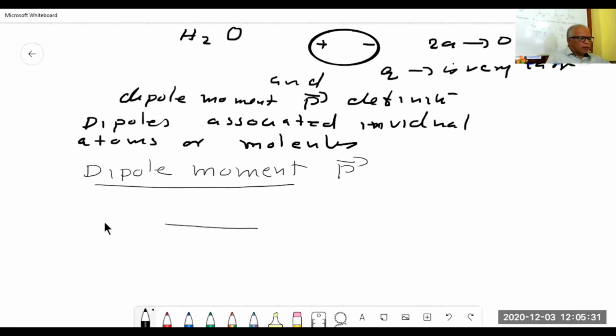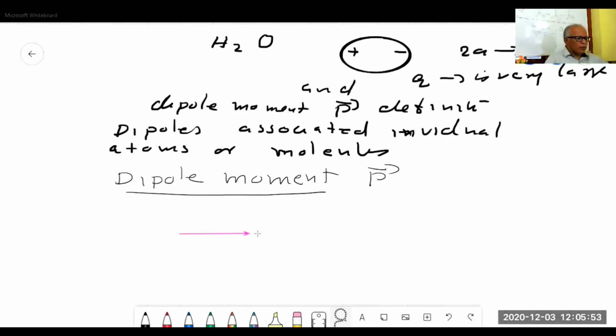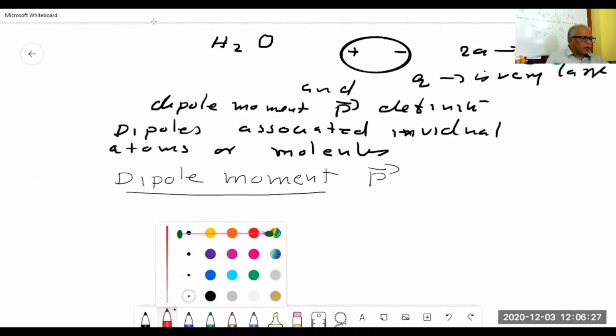Consider a line with tiny charges, minus q here and plus q here.